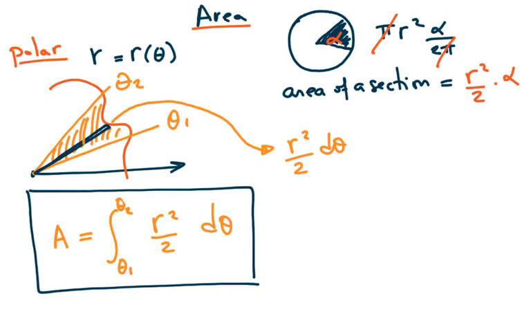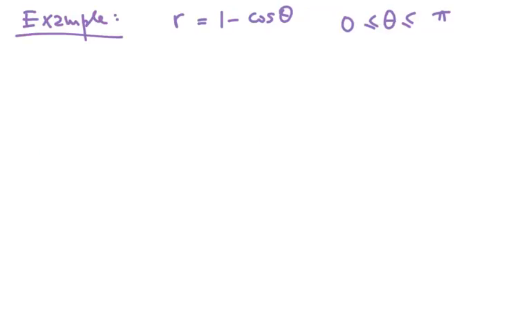So to calculate the area in polars, we need to know from what angle to what angle, and essentially what is the function to integrate. Let's see an example. So let's calculate the area enclosed by this function in polar when the angle varies between 0 and pi.